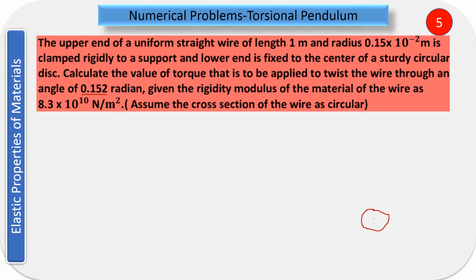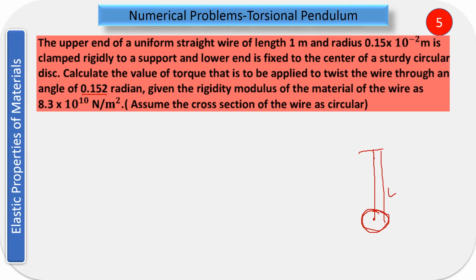So this is your circular disc, and this rod is fixed like this. So this is clamped over there, right? Under this is your circular disc, and the circular disc is attached with this wire. Let us suppose the length of this wire is L.